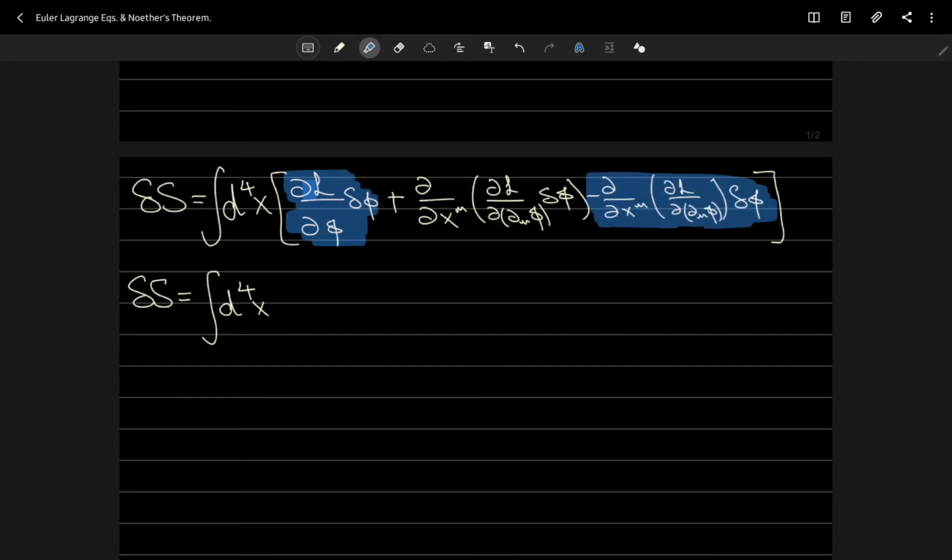Doing so, what we see in both of these terms is that we have δφ, right? So I can factor δφ outside.